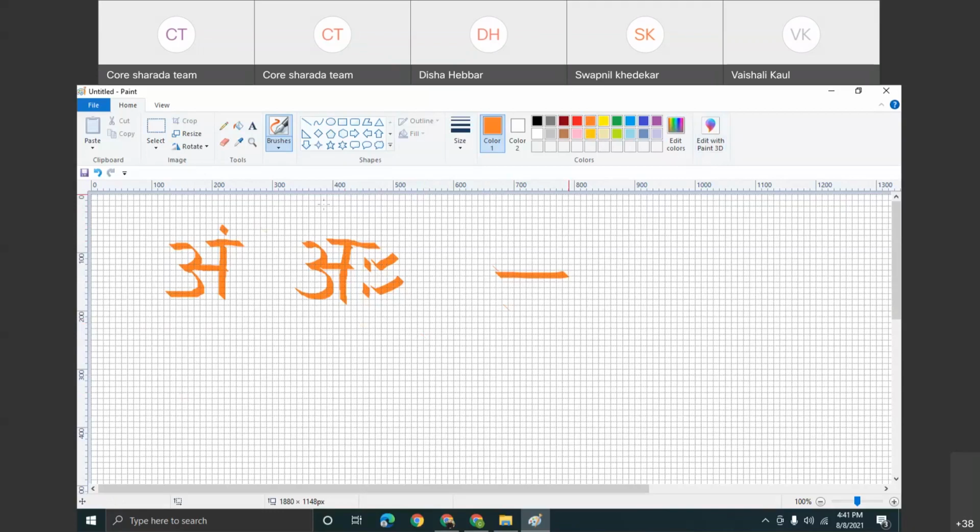Now to write this in Sharda Lipi, we have seen how we draw Ang and Ah. There is no difference, so the same thing I will draw. Ang.